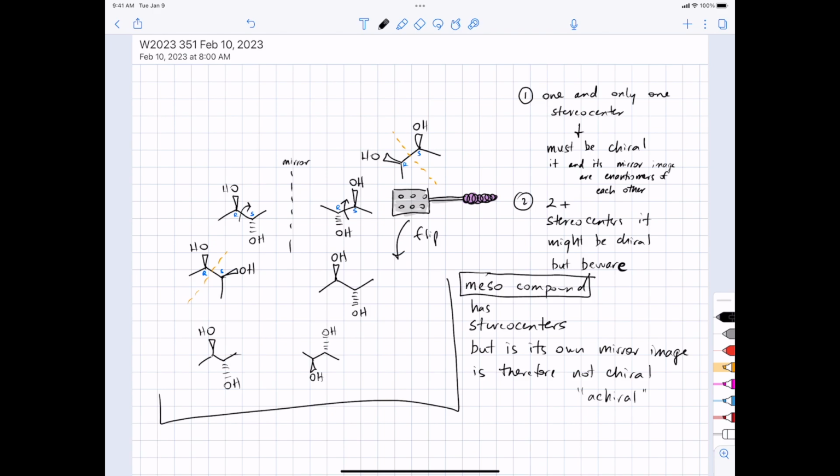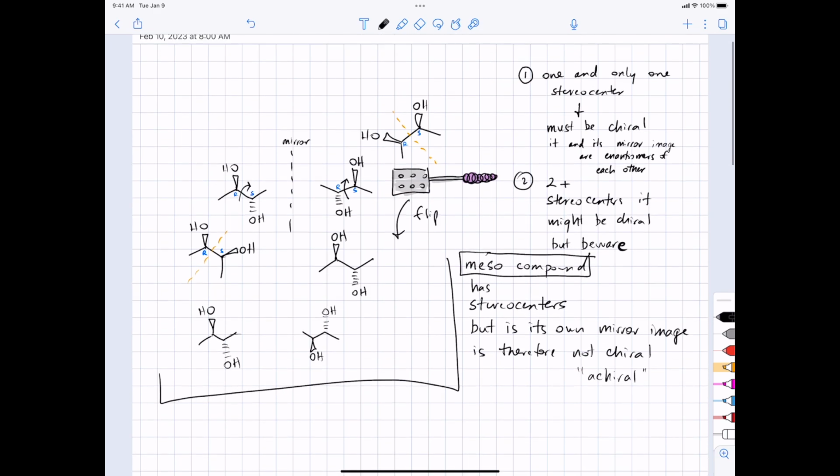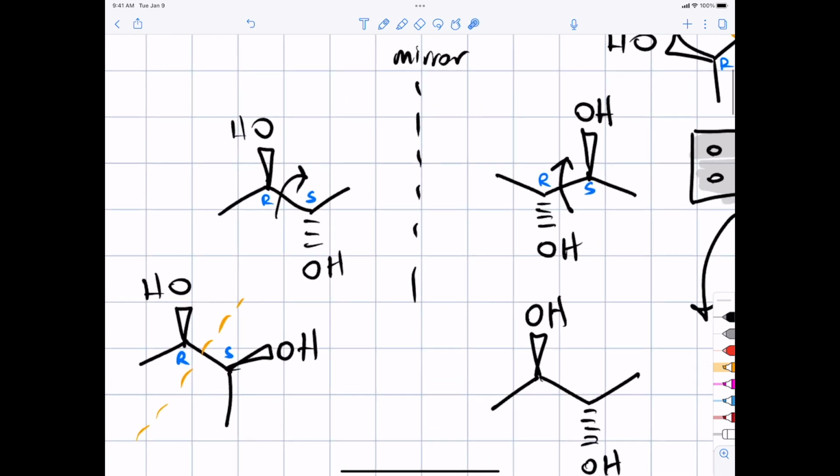So your fallback position is always just draw the mirror image, and then you've got to be good at manipulating the molecule on paper or with a model to convince yourself that either the mirror image is the same thing or it's not.